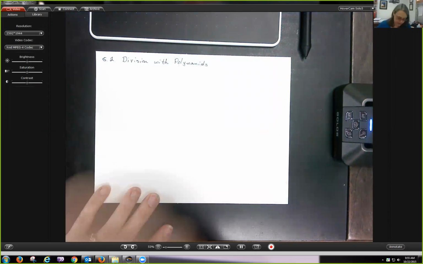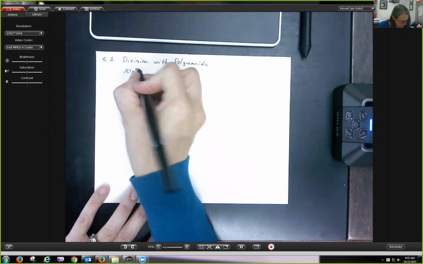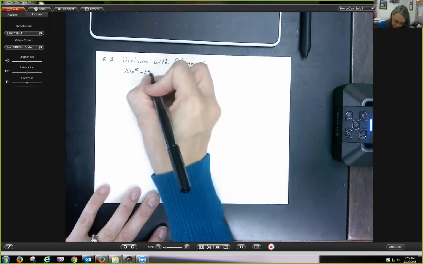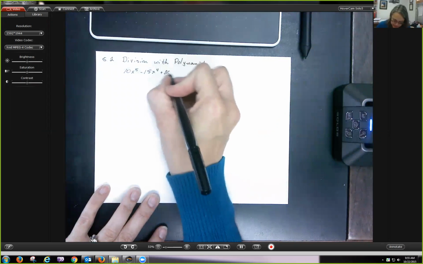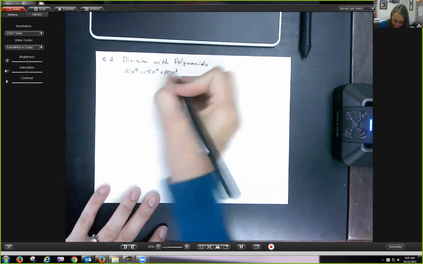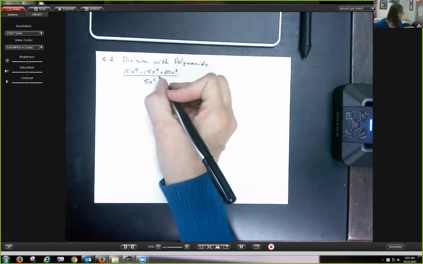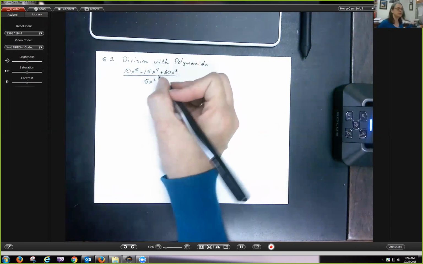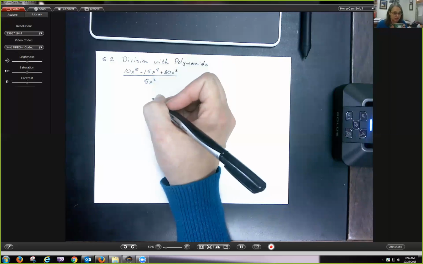in the denominator. Things that look like 10x to the 5th minus 15x to the 4th plus 20x to the 3rd divided by 5x squared. And the way that you learned to do these was essentially with an application of the distributive law.